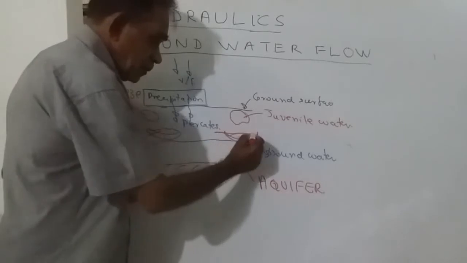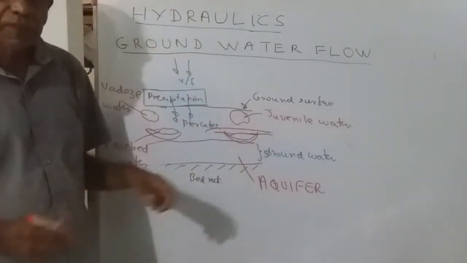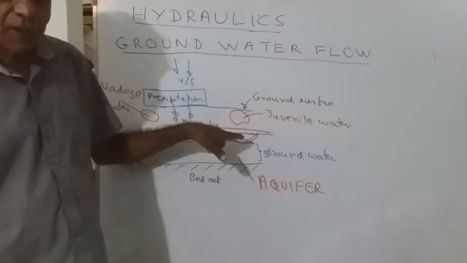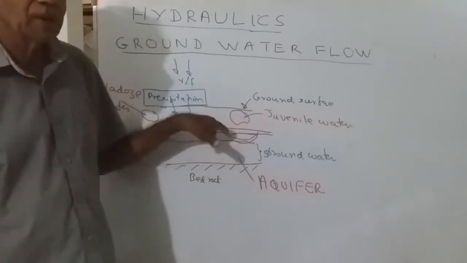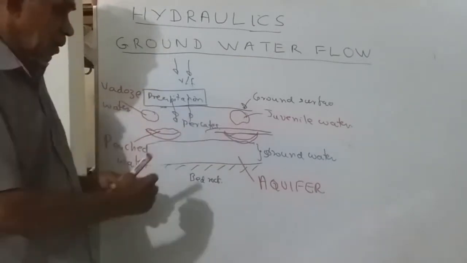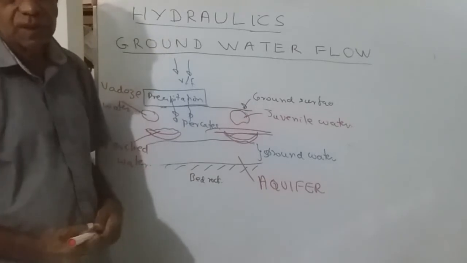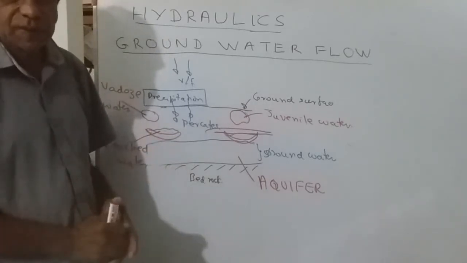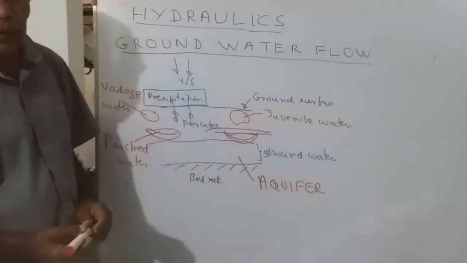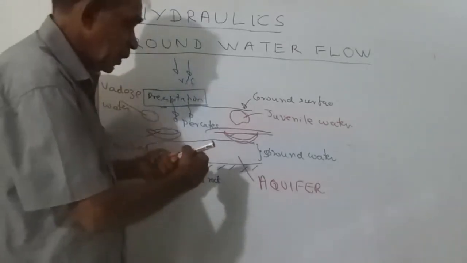After a long time, the water inside is permanently hidden, found between two rock layers. The water cannot come out. This water is known as connate water.